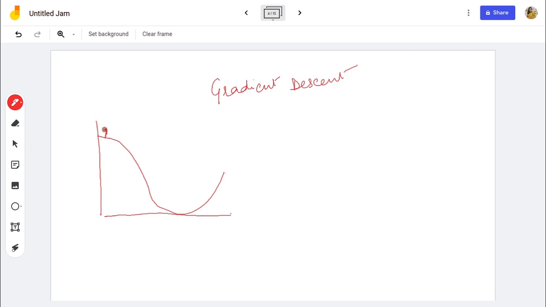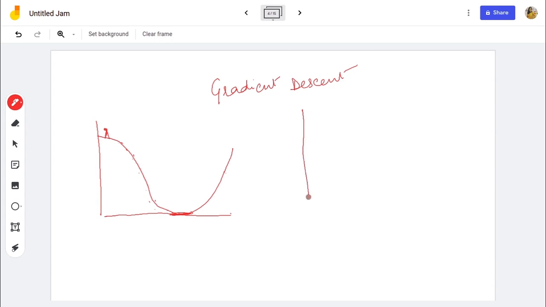You are standing here on top of the hill. You have to go down to the minimum value of the hill. That is our problem statement, right? We have to reach the minimum loss function. So you are here, you have to reach the minimum value. What you can do is you can slowly descend downwards. Since you are descending along the slope, it can also be known as the gradient descent.